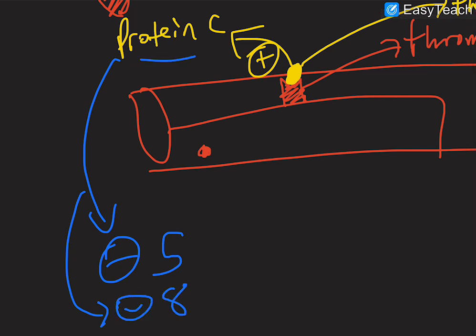So that means protein C is an anticoagulant, because it's inhibiting pro-thrombotic clotting factors. Protein C is inhibiting clotting factors.